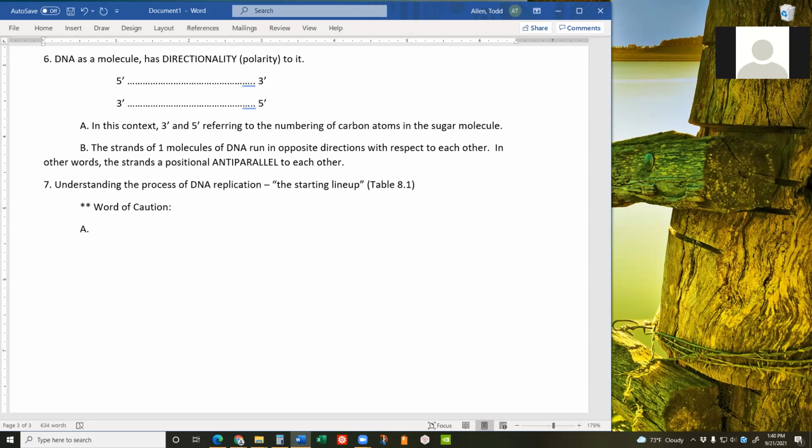So not every enzyme in table 8.1 is relevant for DNA replication. You want to be careful that you don't confuse things here because of the way table 8.1 has been organized. Not every molecule listed in table 8.1 is used for DNA replication.